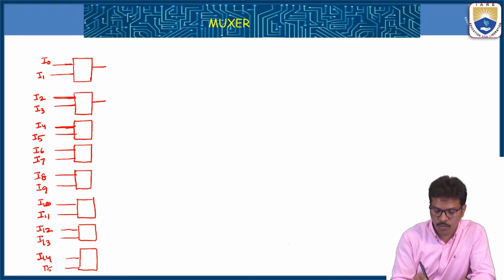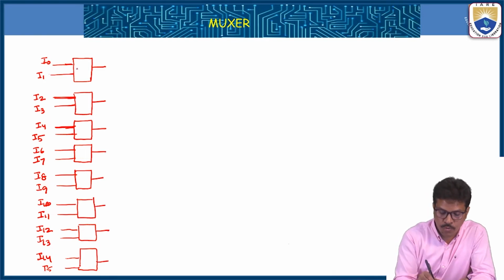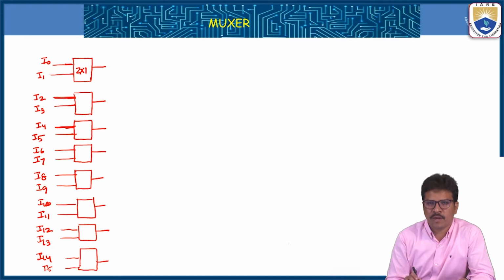It has one output. Each 2 by 1 multiplexer has only one output. You remember that this is a 2 by 1 multiplexer. And definitely it has select lines. A 2 by 1 multiplexer requires one select line.